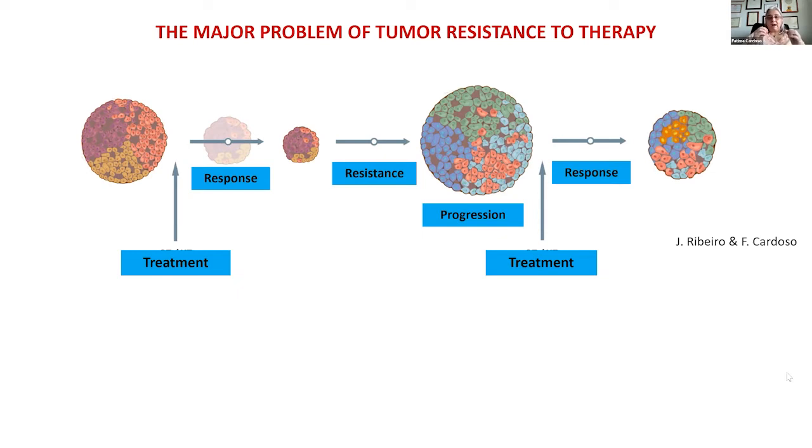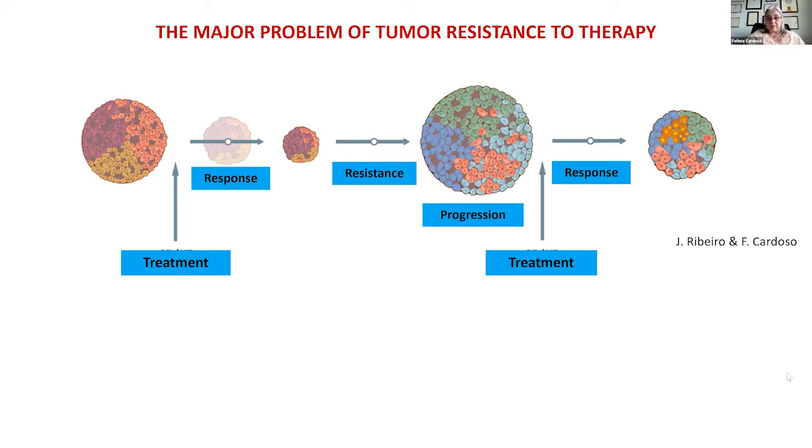So let's start with the left. You see there a tumor, and you see that the tumor is composed of different types of cells, right? It's because there is what we call heterogeneity. So the tumor is composed of different cells. They are not all the same. And that's why some may respond very well to a treatment and others may respond less well and better to another type of treatment.